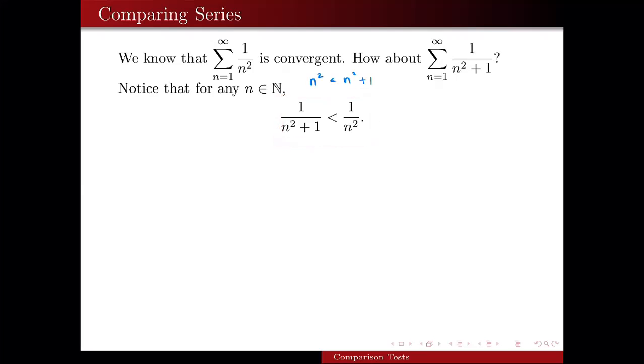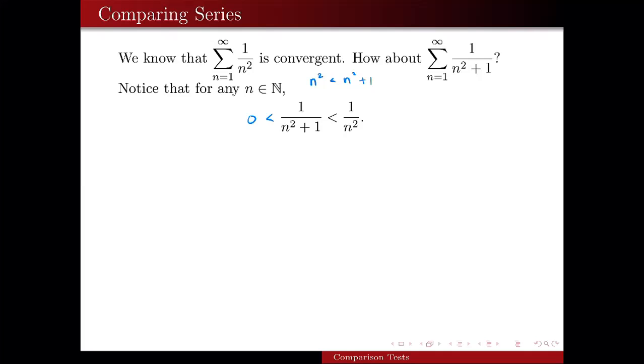And of course, these are all positive. This 1 over n squared plus 1, for any natural number n, is always positive. Okay?